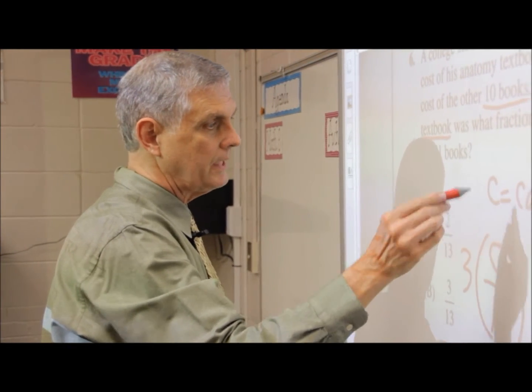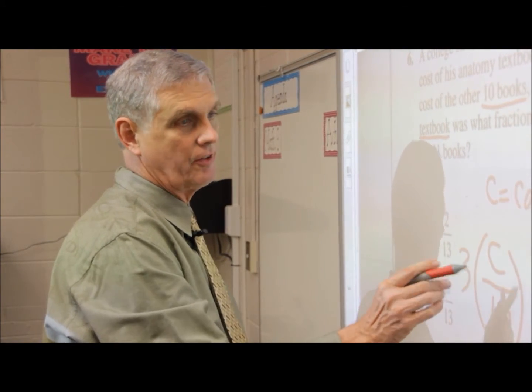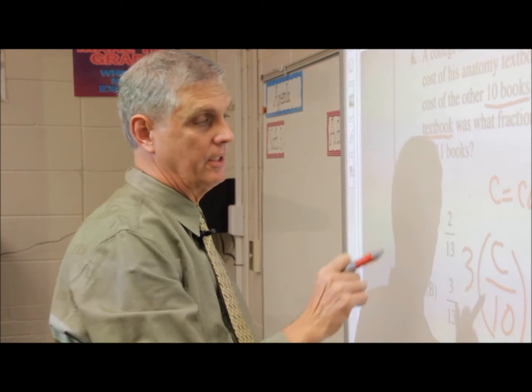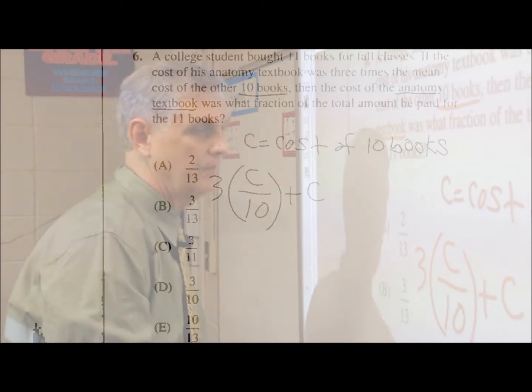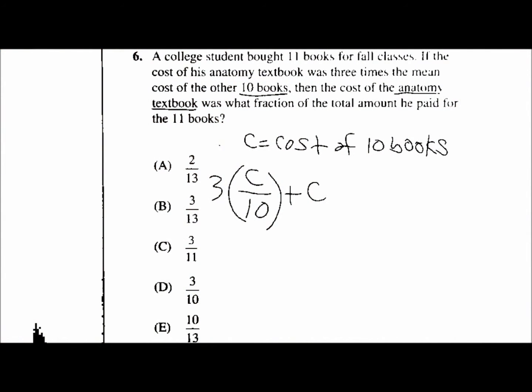Well, if this is the cost of the anatomy book, which wasn't included in those 10 books, then you're going to have to add C over here. Now, another way to write this would be, I'm just going to keep these fractions.